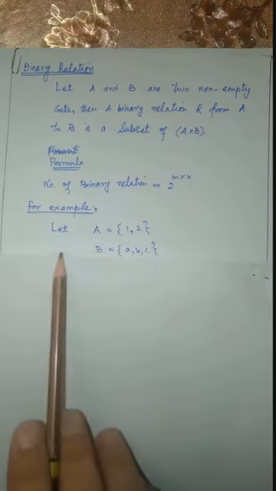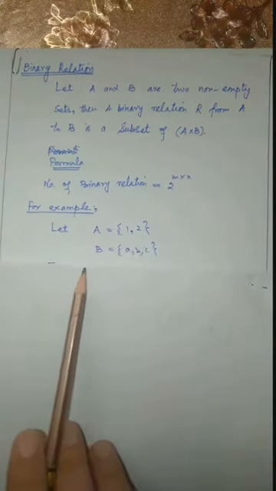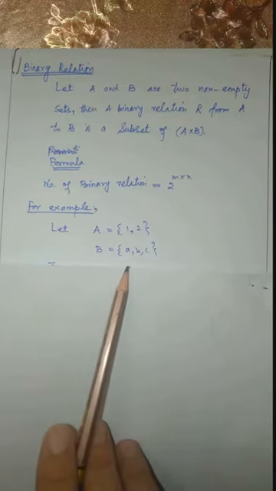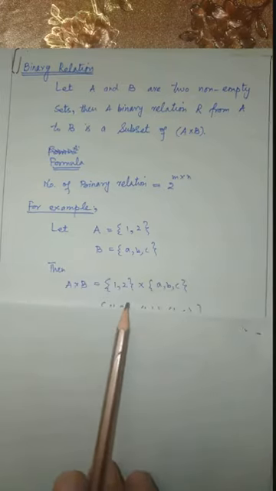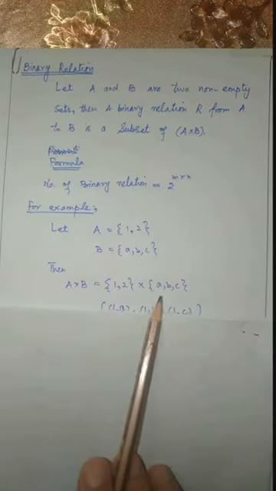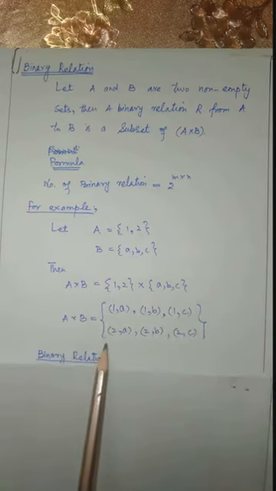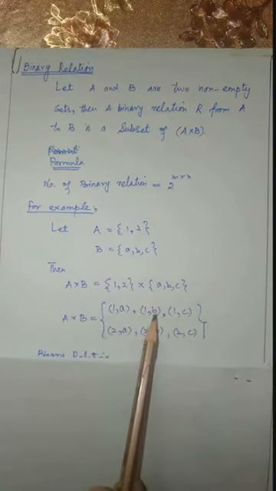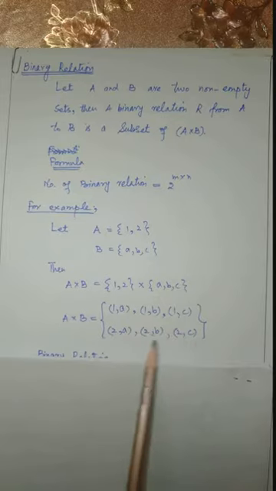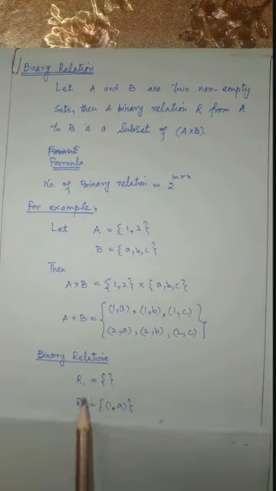For example, let us suppose we have a set A which has elements 1, 2 and set B which has elements a, b, c. Then A cross B is equal to 1 with all these elements and then 2 with all these elements like this. This is called A cross B, the Cartesian product. Now taking a subset from this A cross B is called a binary relation like this.